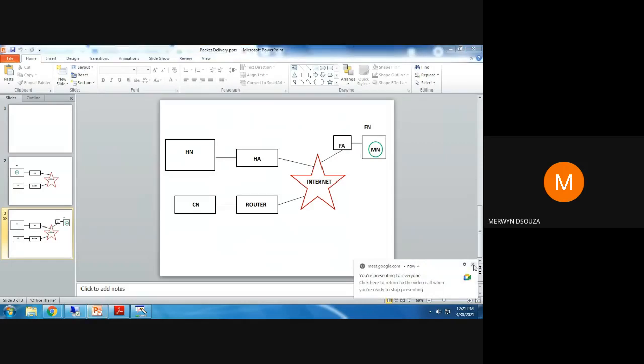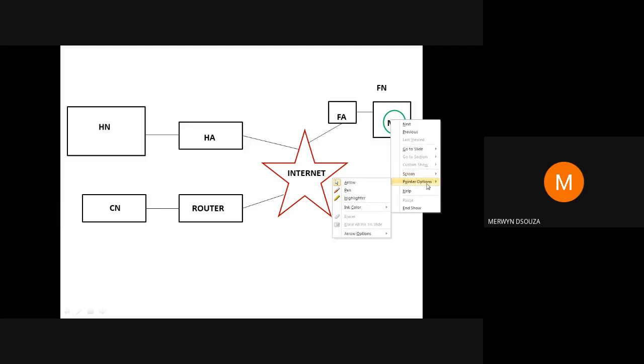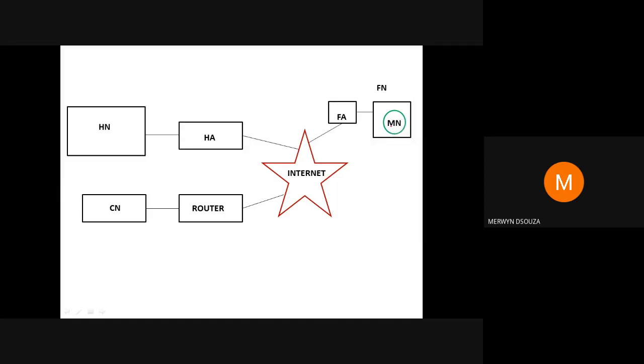So now think that you understood the entire process of encapsulation and decapsulation. CN had prepared the data and sent it to the MN. The MN has received the packet from CN. Now if the MN wants to reply, MN already knows the CN's address.